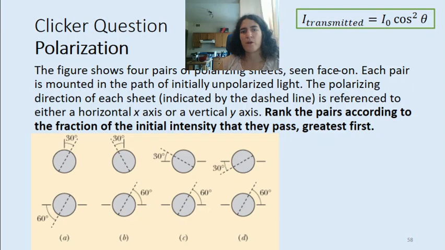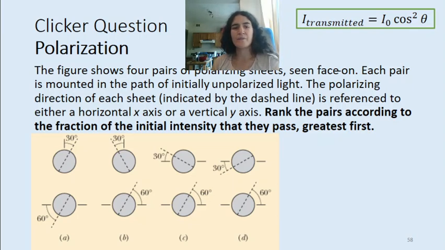Rank the pairs according to the fraction of the initial intensity that they pass, greatest first. Okay, so we want to rank the intensity of light passing through two filters. So 1, 2, 1, 2, 1, 2, 1, 2. We want to rank who has the biggest intensity versus who has the smallest intensity. So go ahead and try this problem on your own by pausing the presentation.